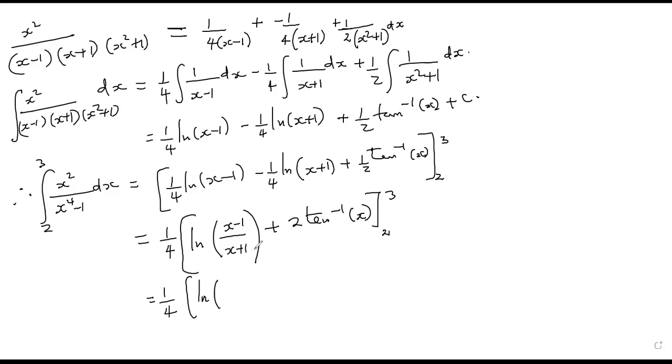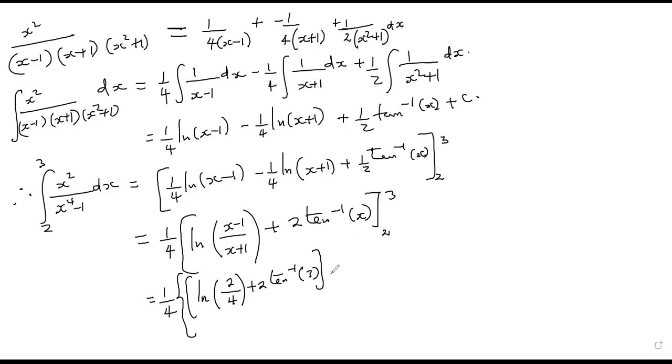When you put here 3, it's going to be 3 minus 1, which is 2, over 3 plus 1, which is 4, then plus 2 tan inverse of 3. You first put a 3 only. Remember, this a quarter is for everything.